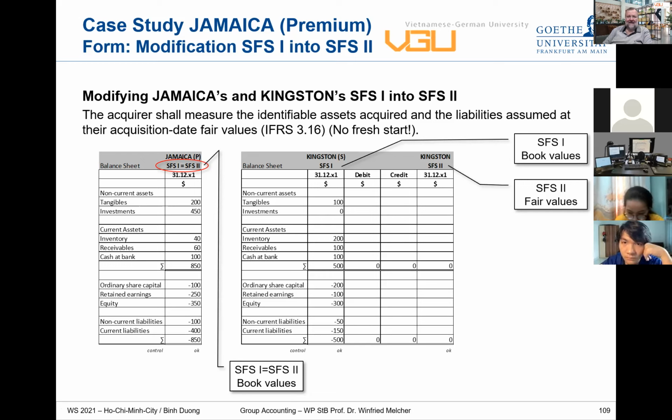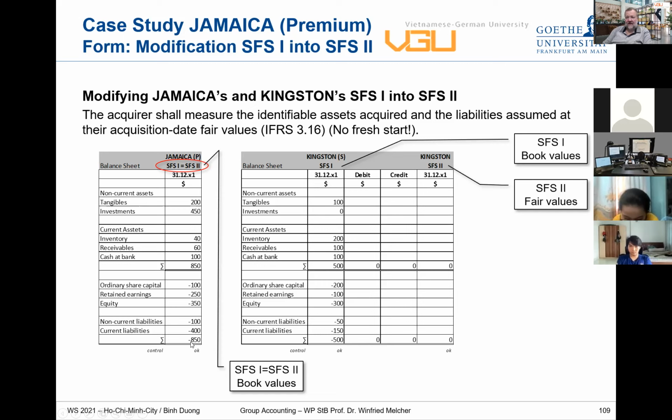So in that case, we will not change the parent's financial statements. If they showed a different currency, or if they did not follow in all material respects the group instructions, then of course we would have to change those numbers. But in this simplified example, they are already following the group accounting policies. Therefore, it is the same. We do not change them.